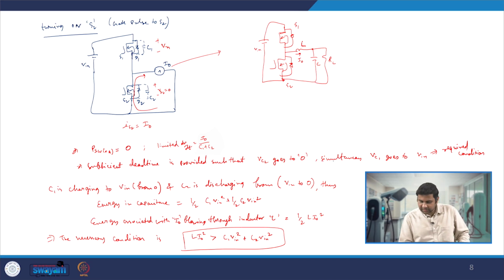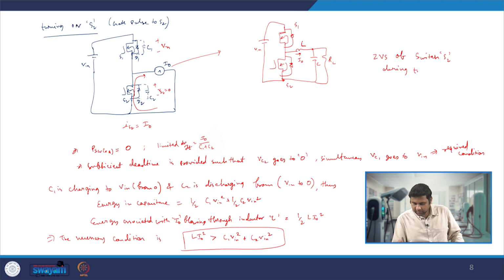So this becomes the required, or sufficient, condition for the voltage across these devices to go to 0, that is, ZVS of switch S2 during turn on of S2.